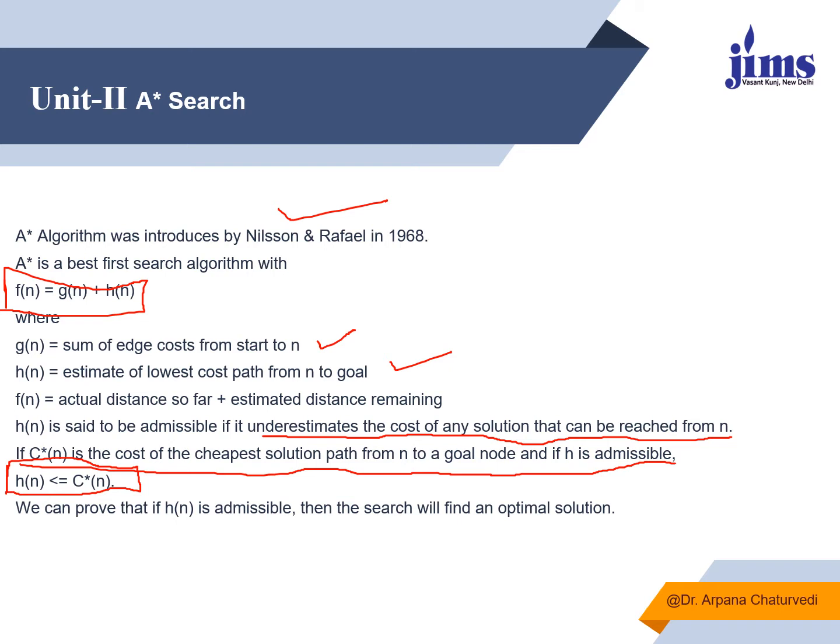I have already explained this admissibility earlier also. So the heuristic cost of each and every node will always be less than or equal to the actual cost. If for every node it is less than the actual cost, it means you have underestimated the cost and the heuristic is admissible.